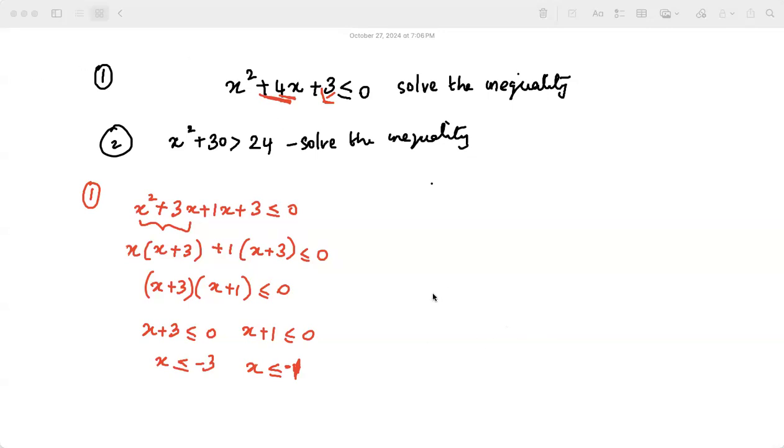Anirudh, how did you solve this? It is not making sense at all. Yeah, I did what you did. Okay. If that is the case, it's not making sense, right? x is less than or equal to minus 1, less than or equal to minus 3. It's not making sense, right?